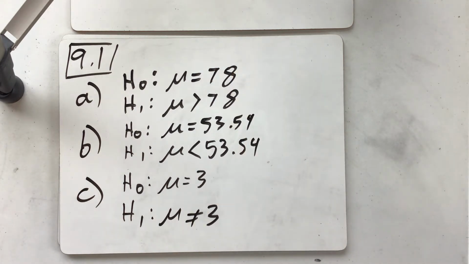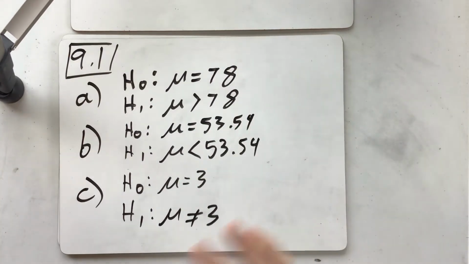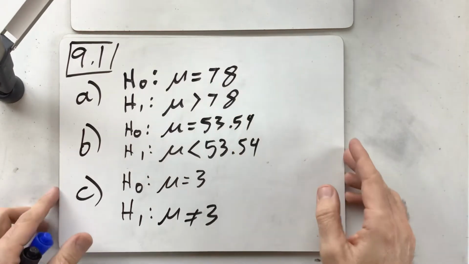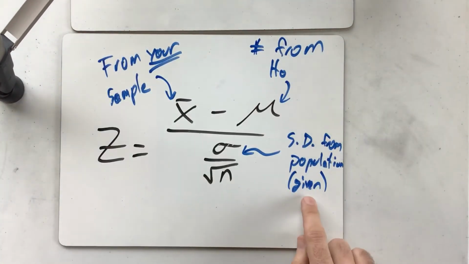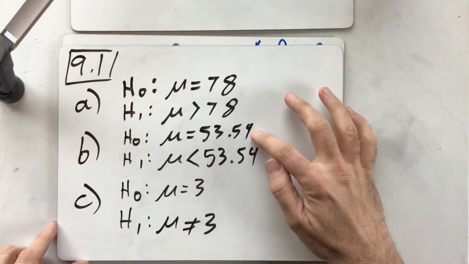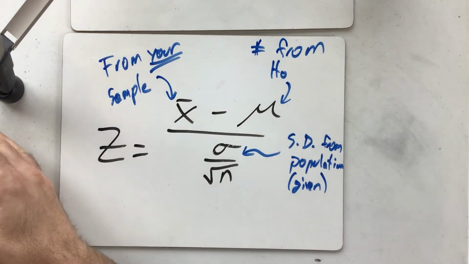If you're talking about SATs or ACTs, those tests are so widely used that the people who develop them know what the average score for the test is, and they know what the standard deviation is for all the students who take the test. So sometimes that standard deviation is known and it's given, and you can put it right here. If, however, you're this track runner, you probably don't know the standard deviation, and so we'll talk in just a second about what to do in that case.